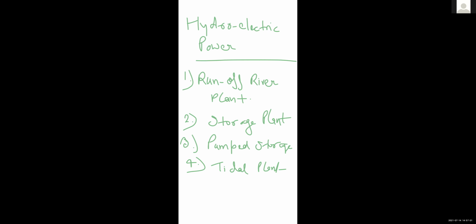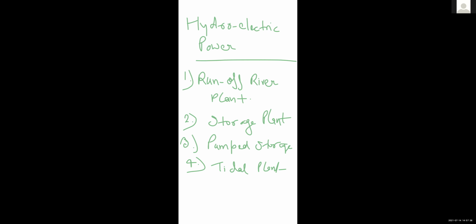The powerhouse may also be located far from the dam, on the downstream side. In that case, the powerhouse is located at the end of the tunnel which carries water from the reservoir, and the tunnel is connected to the powerhouse machine by means of a pressure penstock, which may be underground or exposed.